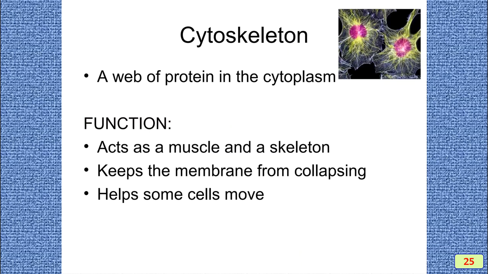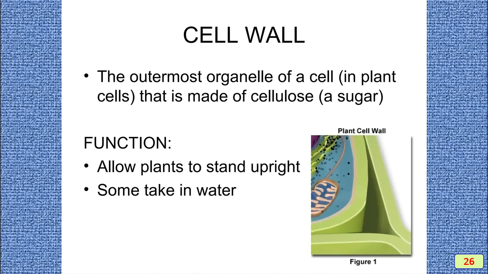Then the cytoskeleton, a web of protein in the cytoplasm. It acts as the muscle and skeleton of a cell. It keeps the membrane from collapsing and helps some cell movement. Then the cell wall, the outermost layer of a cell, is present in plant cells only, and it is made up of cellulose.